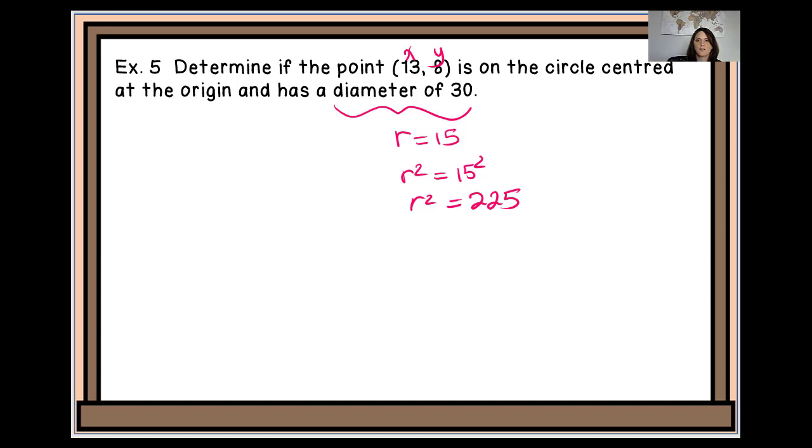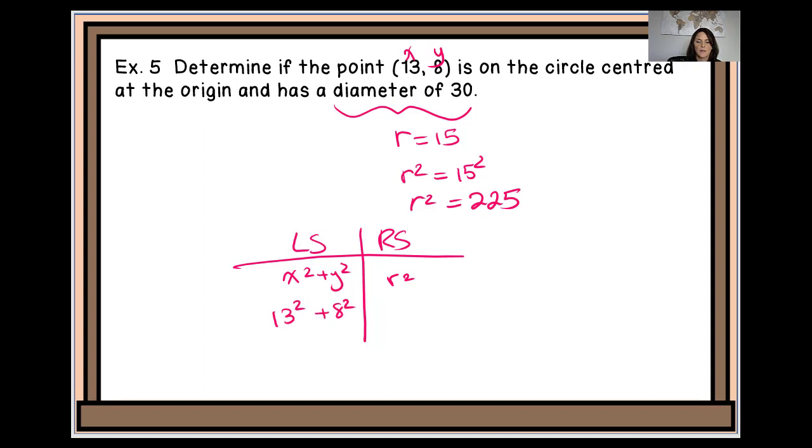So let's go ahead and do another left side, right side check here. So on the left side, remember we have x squared plus y squared, and on the right side we have r squared. So 13 squared plus 8 squared, and r squared we already said was 15 squared, which was 225.